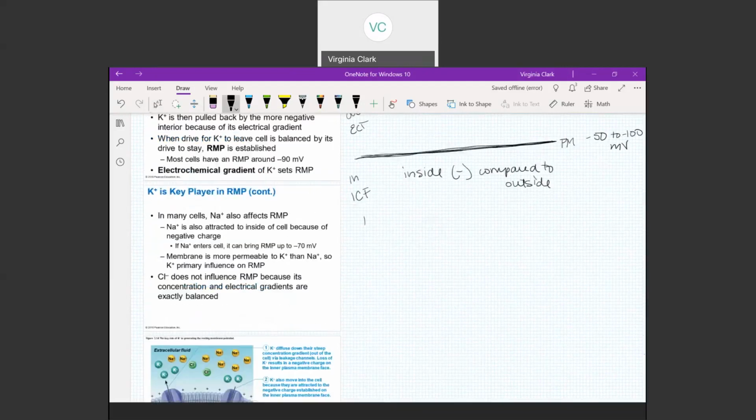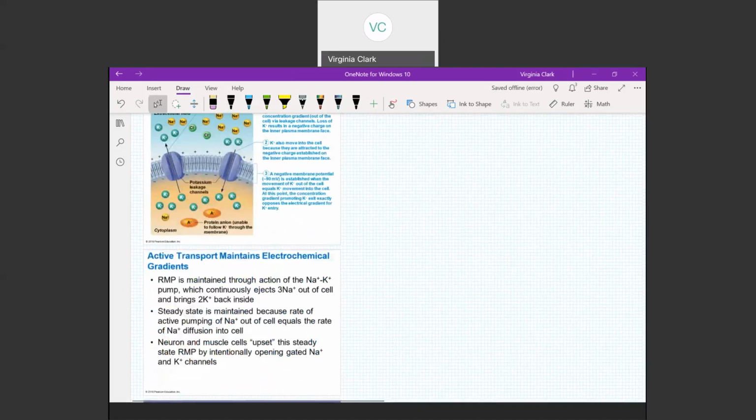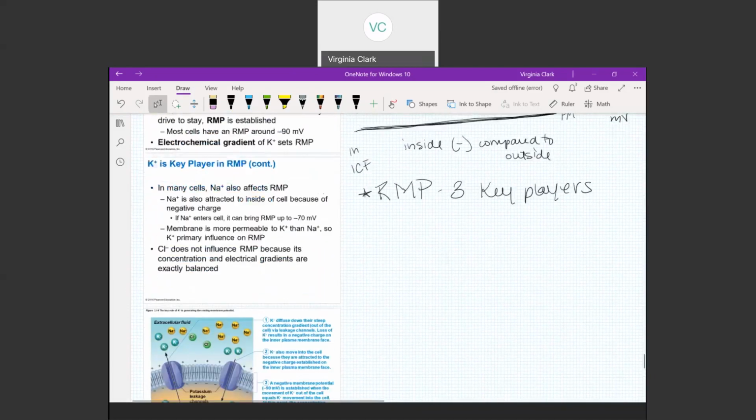In this resting membrane potential, RMP, there are 3 key players. So you're going to have potassium, you're going to have sodium, and you're going to have chloride.